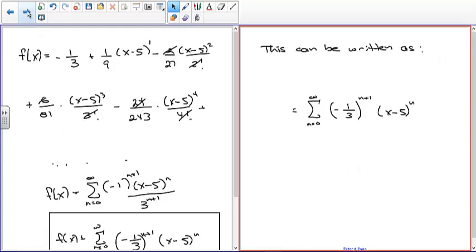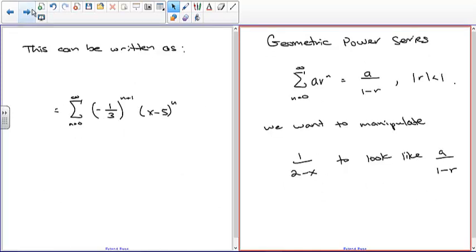So what we are going to do now is the next way. We're going to, again, use the definition for the geometric power series. And we're calling it a power series because, instead of the ratio being a constant, the ratio is actually going to be the variable in the equation.